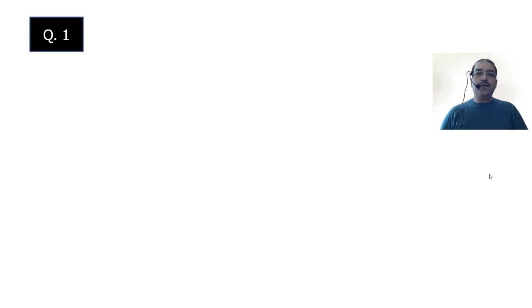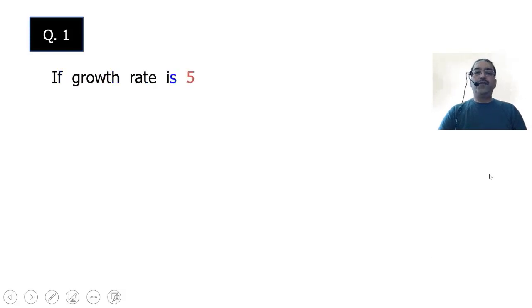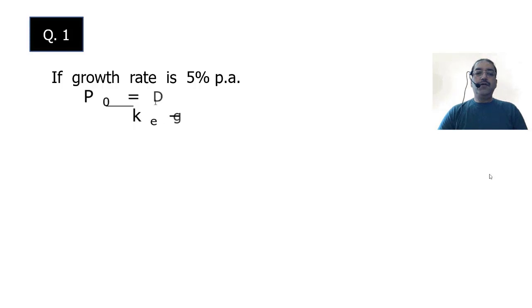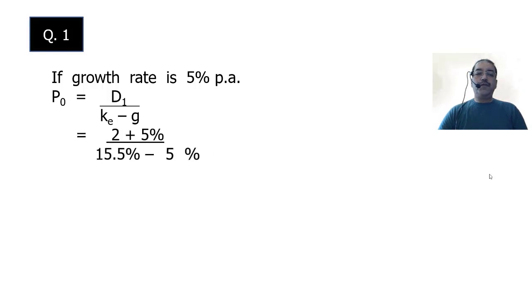So now, growth rate is given to us as 5%. So I'll be writing that first. If the growth rate is 5%, then calculation of P0. P0 formula is D1 upon Ke minus G. D1 is equal to 2 plus 5% divided by Ke minus G, that is 15.5 minus 5%.